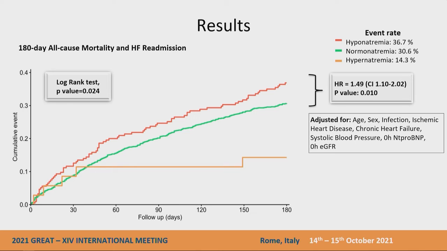The composite of all-cause death and heart failure readmission at 180 days also showed a significantly higher event rate in the hyponatremia group. The event was observed in 36.7% of patients with hyponatremia, and the hazard ratio was 1.49. All the results were statistically significant.